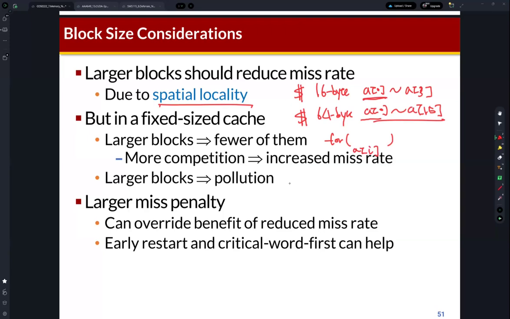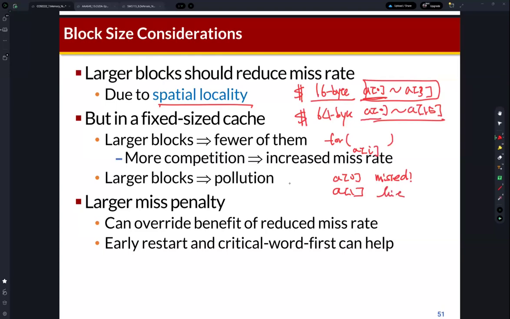And then in the first iteration, A0 is missed in a cache, and if the cache block size is 16 byte, then this amount of data will be fetched. Then in the next iteration, A1 is a hit, right?